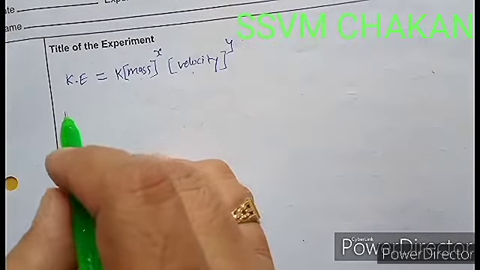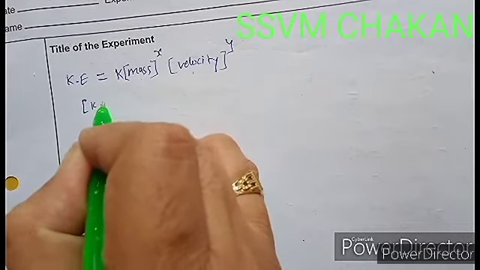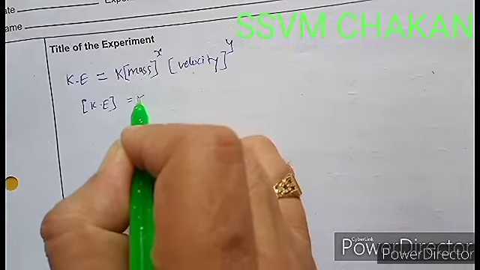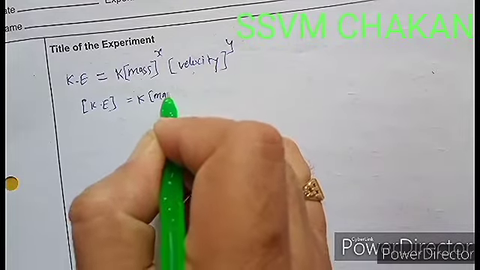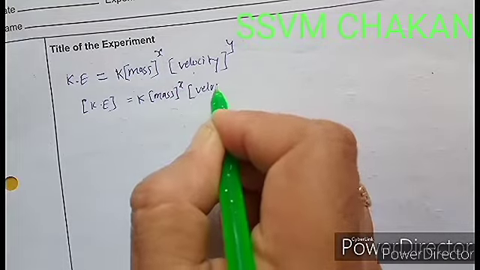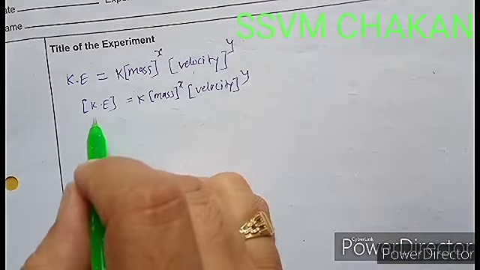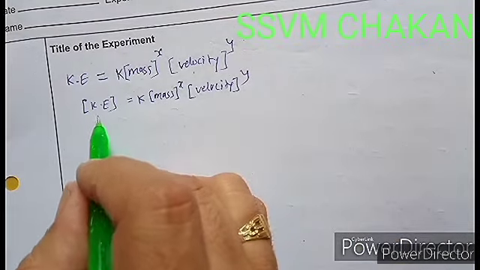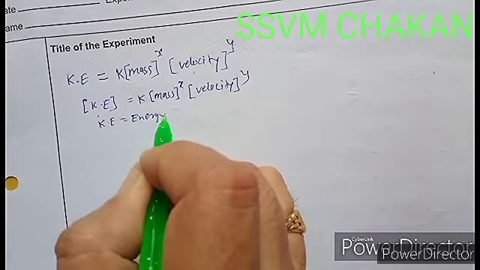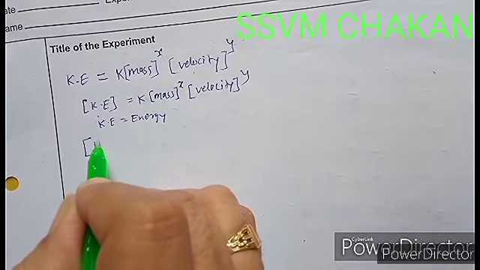Now we take the dimensional formula of kinetic energy, which is equal to k times the dimension of mass raised to x and velocity raised to y. Kinetic energy is energy, so we write the dimension of energy.